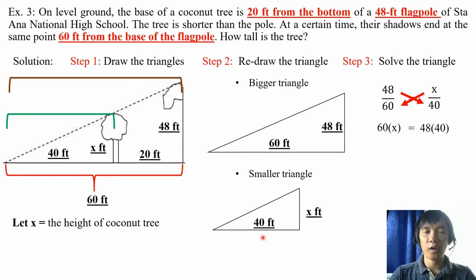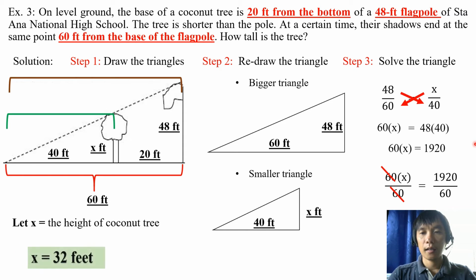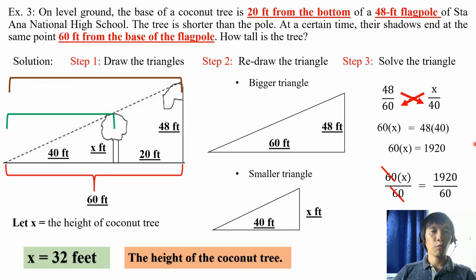Simplifying the problem, 48 times 40 will give 1920. Dividing both sides by 60, that will give us 32 feet. Therefore, the height of the coconut tree is 32 feet.